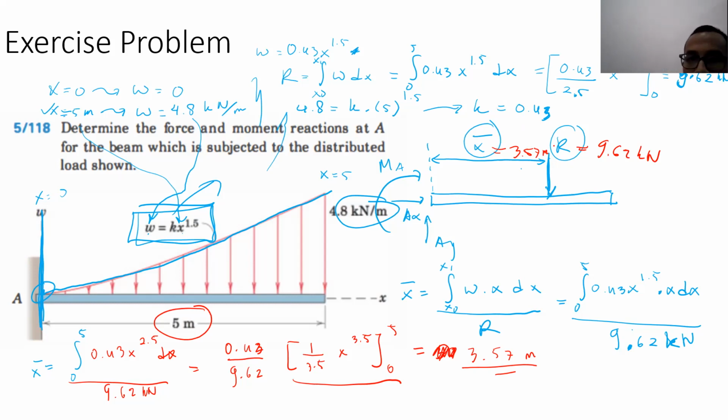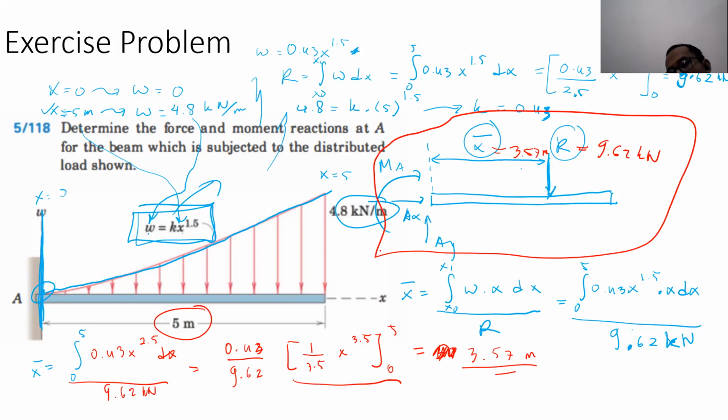Okay. Then can we solve for this? Yes. You can, I think. Using sigma Fx equal to 0, then Ax will be 0, right? Yes. And then using sigma Fy equal to 0, what we have is Ay equal to 9.62 kilonewton. Yes.